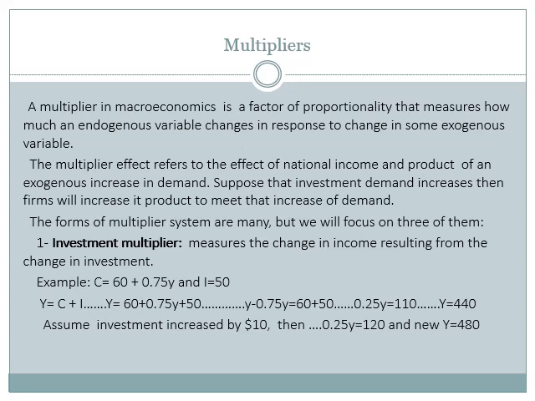Take for example C equals 60 plus 0.75Y and I equals 50. The calculation gives that Y equals 440. Assume that investment increased by $10. Now investment equals 60, not 50.